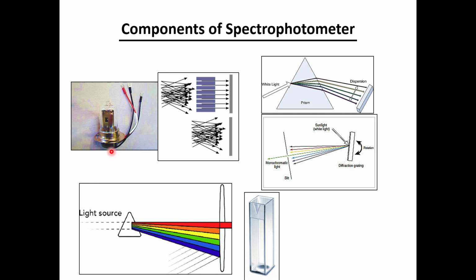This is the light source, this is the collimator, and this is the prism or diffraction grating, and this is the wavelength selector that blocks other type of wavelength and selects certain type of wavelength.